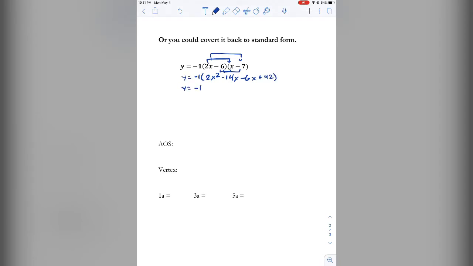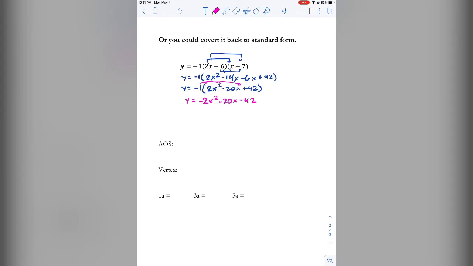Now I combine like terms, so I have 2x squared minus 20x plus 42. But now I want to distribute this negative to every single term. So I'm going to have y equals negative 2x squared plus 20x minus 42.